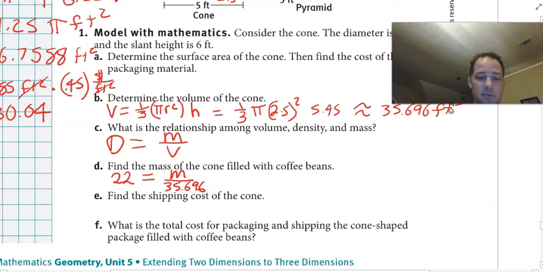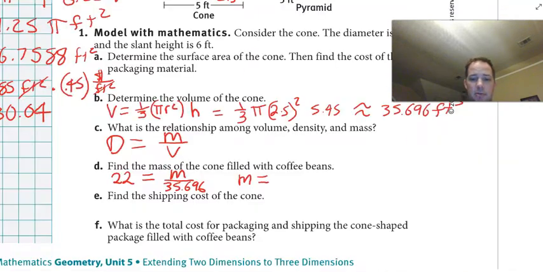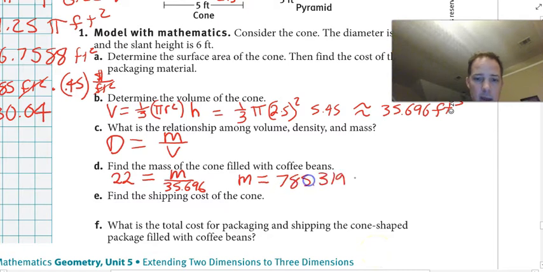So then all we have to do is multiply both sides by 35.696 to get the mass. And we get the mass equals 785.319. And this mass would be in pounds for this one.